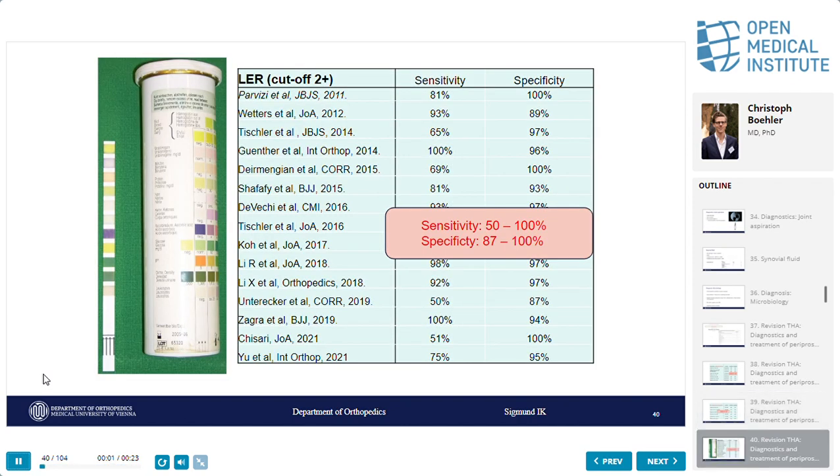Is somebody of you doing this urinary tract test, the leukocyte esterase? It's easy to use. You just have to do centrifugation of the fluid, but then you can use it. And also in some studies, they were quite sensitive and specific.